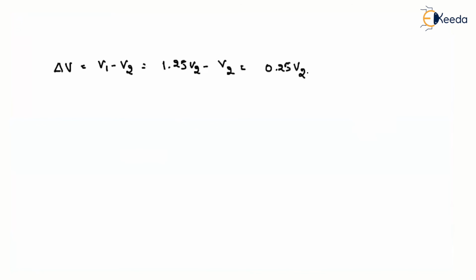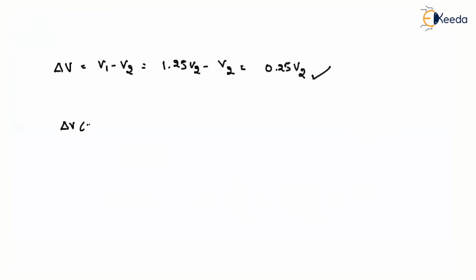Now, are we getting any percentage or any value? Even if you say change in volume, this is again in terms of the volume in the second case. Are you getting something specific like a change in volume of 10 centimeter cube? No. Then here we will find it in terms of percentage.